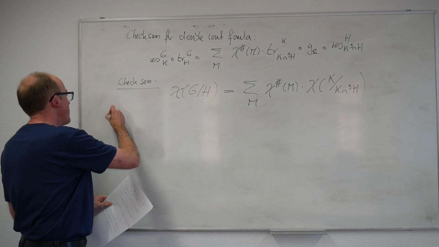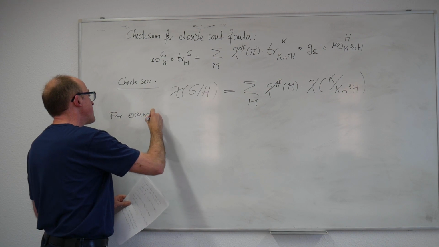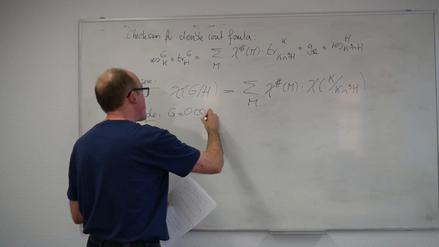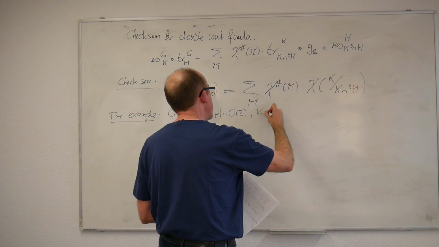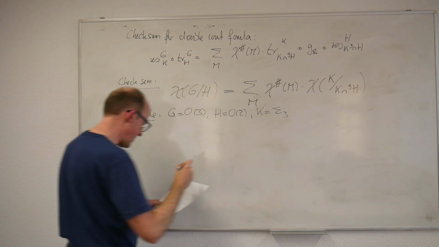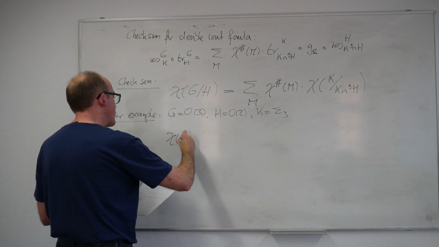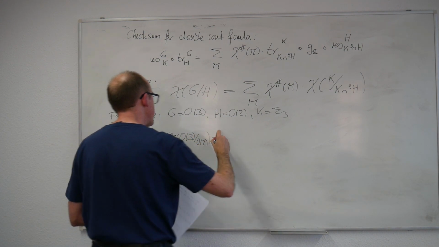So for example, in our example, how does this work? In our example, we had g equals O3, h equals O2, k equals sigma 3. So in this situation, we had the Euler characteristic of O of 3 modulo O of 2, where this was a 2-sphere.